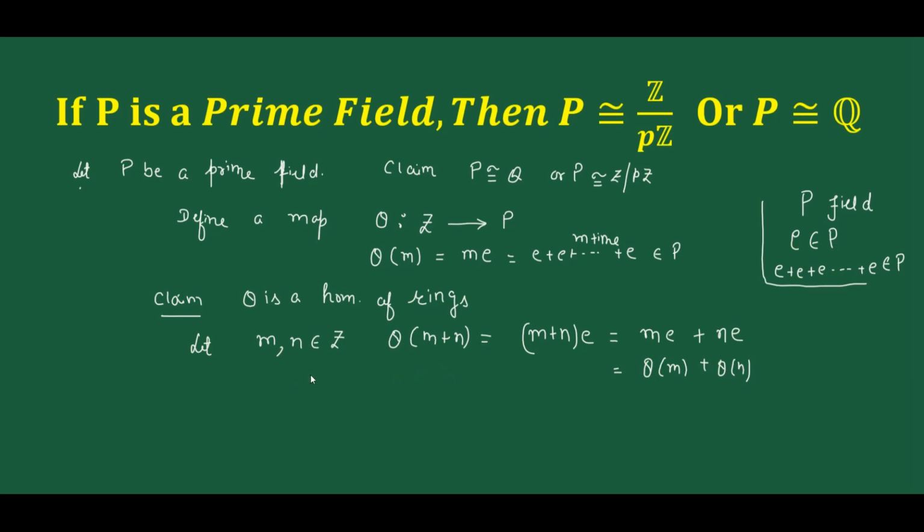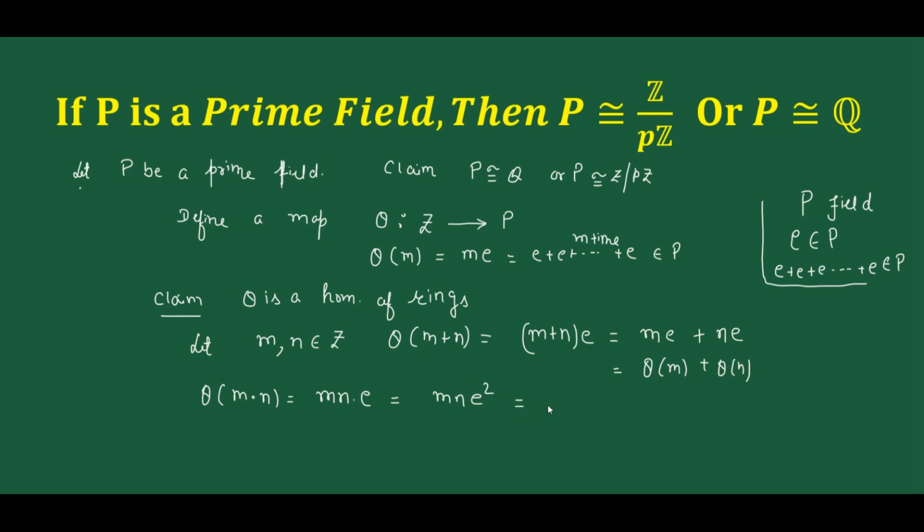Now we will see how it preserves the multiplication. Again, theta of m into n: by definition, mn is an integer, so it will be mn times e. But you know that e is the multiplicative identity, so you can write e as e square, because e square is again e, because the identity element is idempotent.